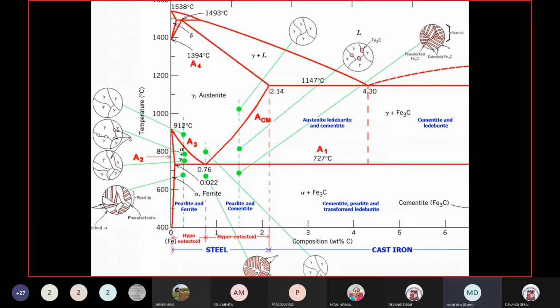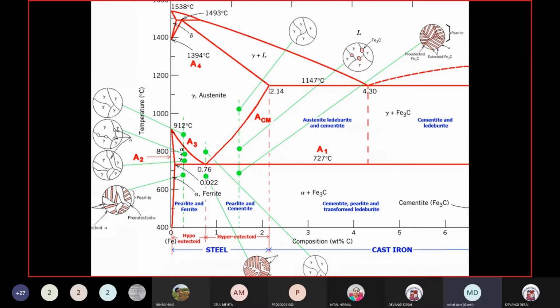On the x axis note down the weight percentage carbon, and on the y axis note down the temperature in degrees Celsius. In many books they also refer to degrees Kelvin, but in India, in industrial practice, all the temperatures for heat treatment as well as for the manufacturing of steel are referred to in degrees Celsius. That's why we have to learn at what temperature the different phases in the iron carbide diagram are present.